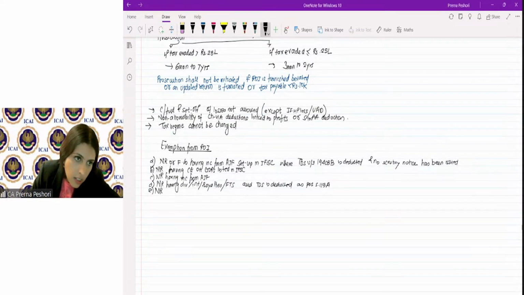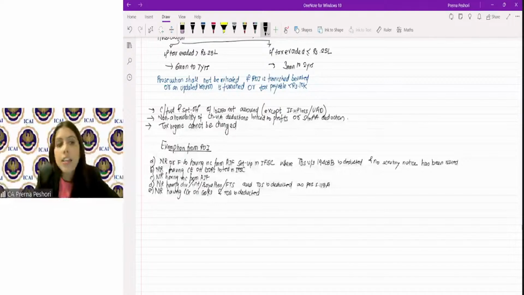So a non-resident having capital gain on the GDRs and TDS is deducted, then in that particular case, the return of income is not required. Again, this is the exemption which has been given to a non-resident. Are we getting that?